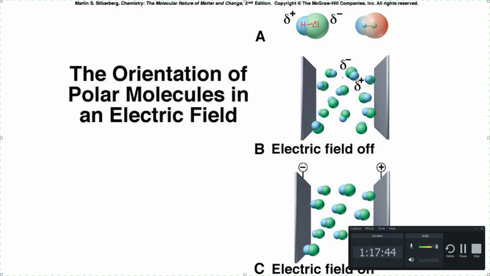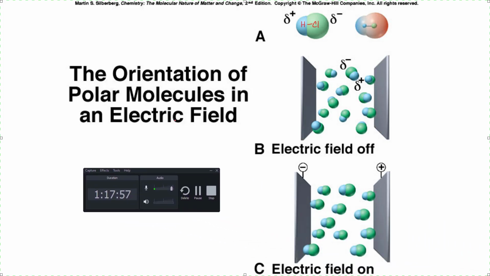How we know that a molecule is polar and how polar it is is by putting it inside of an electric field and just seeing how quick or how well the molecules orient themselves. So for instance, when we put these in an electric field where there'd be two different charged plates, the HCl molecule is just kind of randomly oriented.